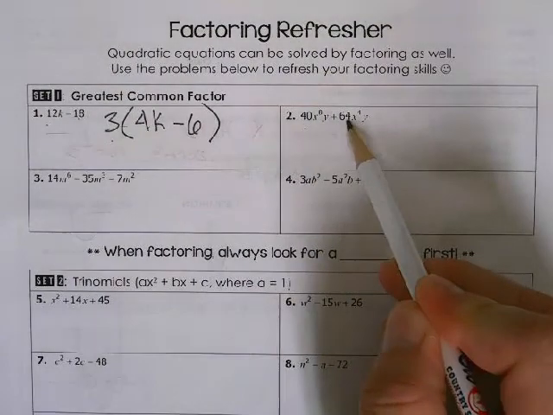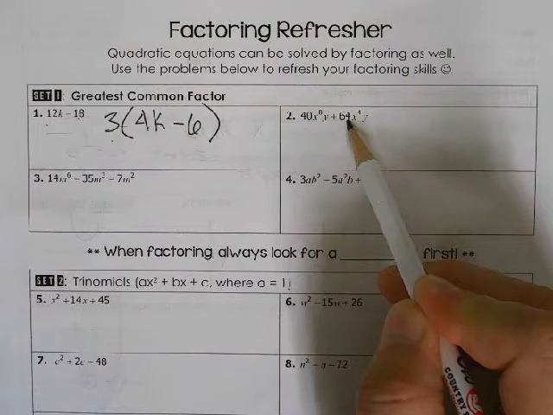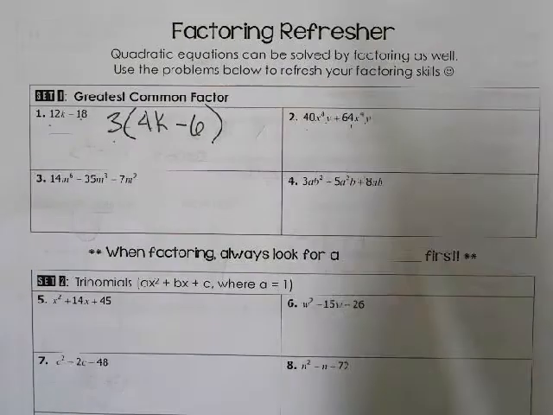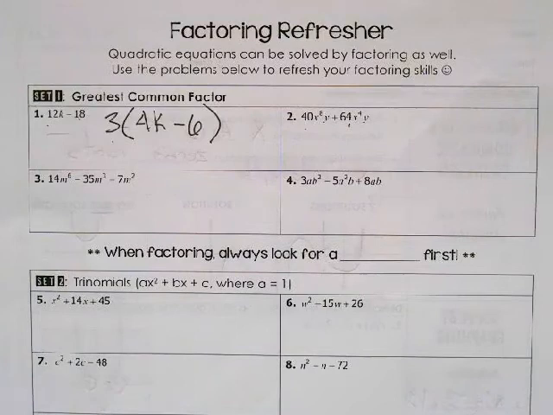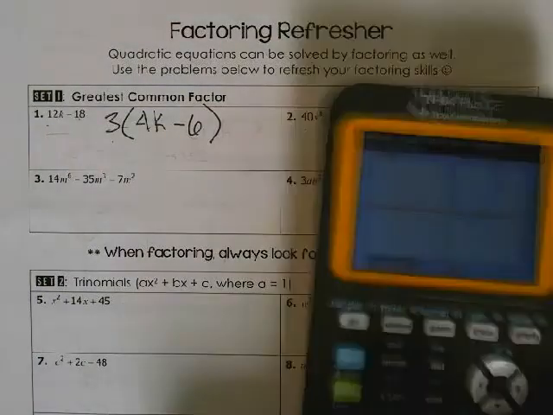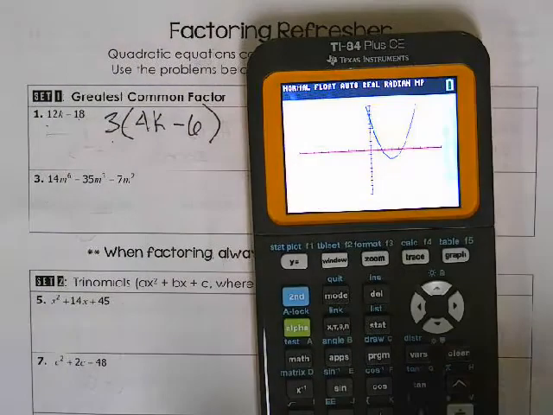Here, 40 and 64. Think 8. 8 goes into both. Is there a bigger number? Let me show you a quick shortcut, easy way to do this with your calculator.